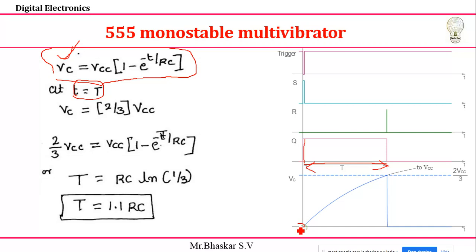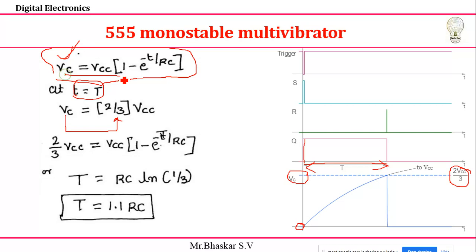It will be charged from 0 to a maximum voltage of just 2/3 of Vcc. This is the maximum capacitor voltage. That's why I'm going to substitute the Vc value as 2/3 of Vcc.